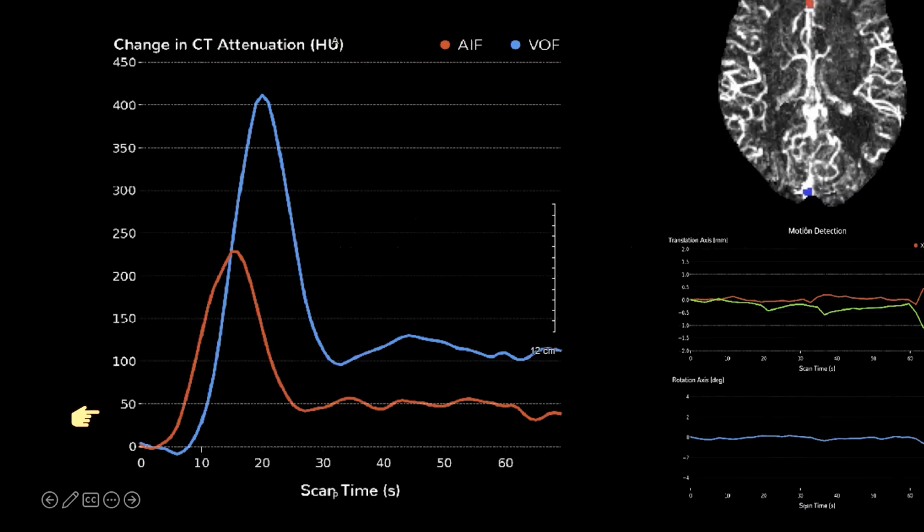The x-axis, remember, is your scan time, the time as the perfusion is happening. The y-axis is the change in the CT attenuation. Remember what we said. As you inject the contrast, the scanner is scanning this part of the brain again and again, and so the attenuation of your CT contrast is changing.